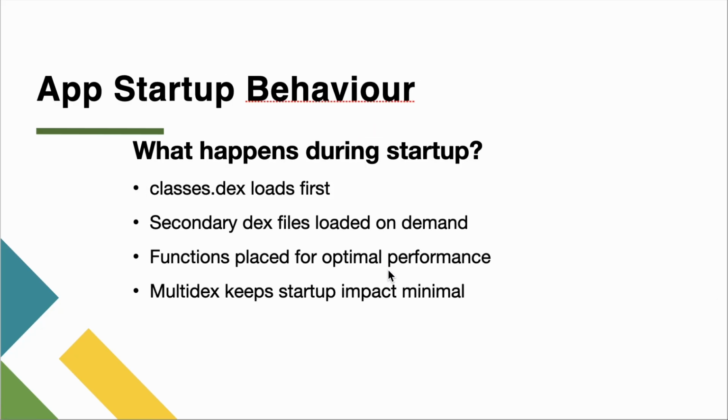Okay. Now, app startup behavior. During startup, the system loads the main DEX file first, which contains the most important classes for bootstrapping your application, like the application class, activities, services, etc. Then, depending on usage, the runtime loads additional DEX files like classes2.dex or classes3.dex, which helps keep startup performance acceptable even for huge applications.